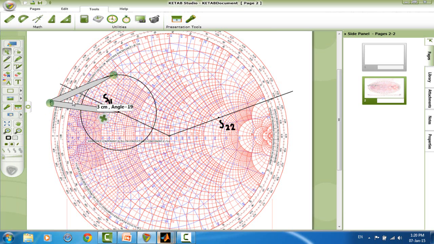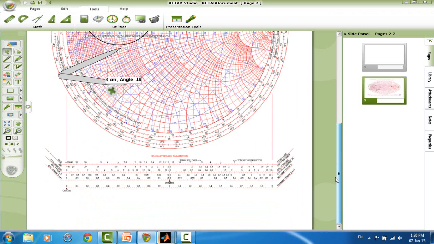Now let's draw the output gain circle. The center is located at 48.48. It is here.